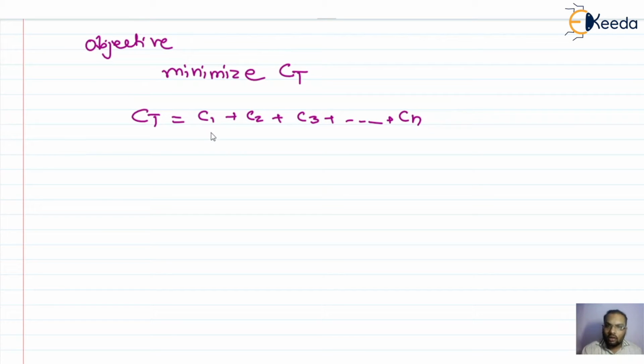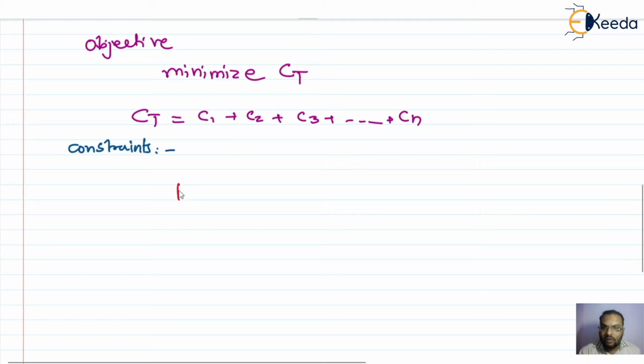While solving this to get the minimum value, we should satisfy certain constraints. So what constraints should we satisfy here? It is very important. The first constraint is the power balance equation, or equality constraint. Now there is a slight modification here.